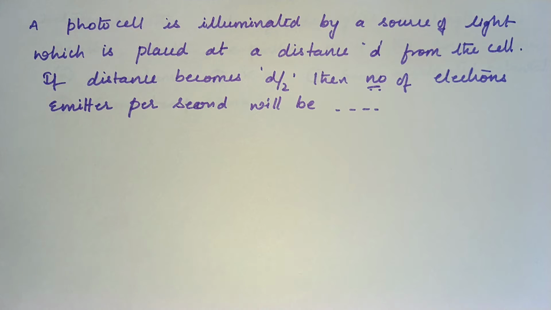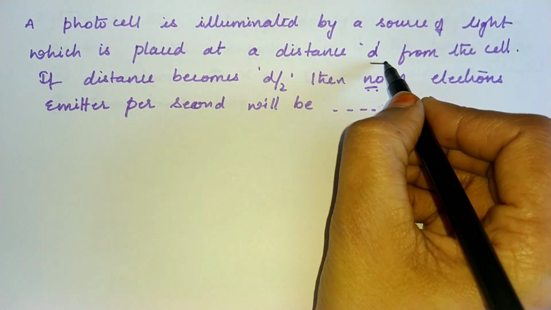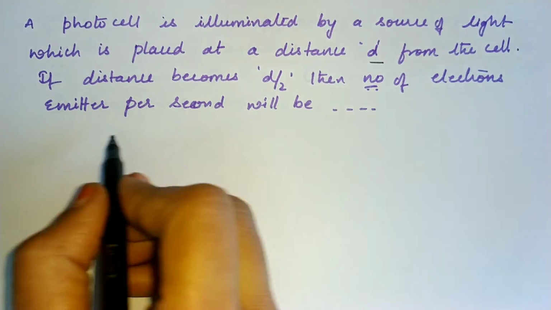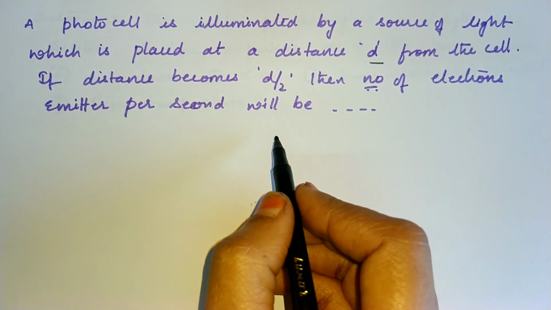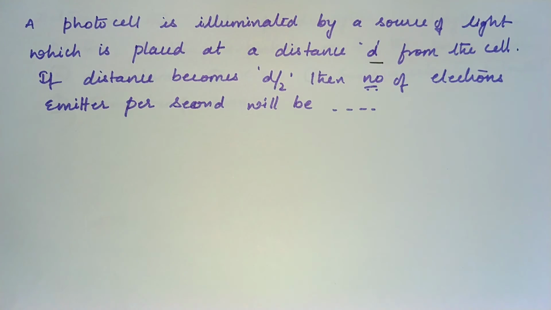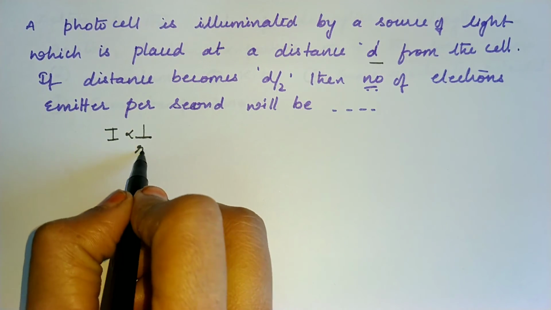See, a photocell is illuminated by a source of light, which is placed at a distance d from the cell. If distance becomes d by 2, then the number of electrons emitted per second? As the distance of the source decreases, intensity changes. Intensity obeys inverse square law.